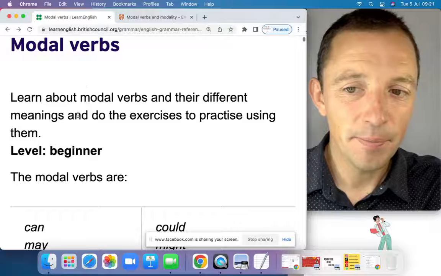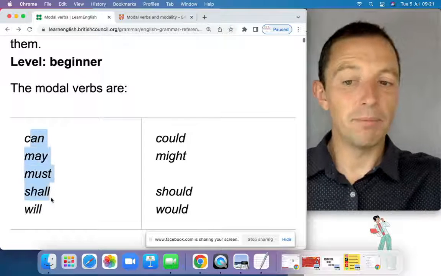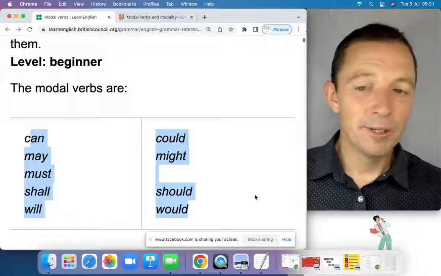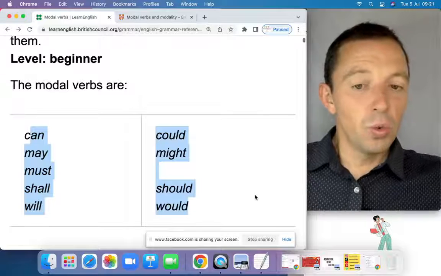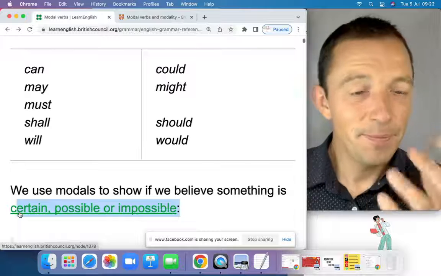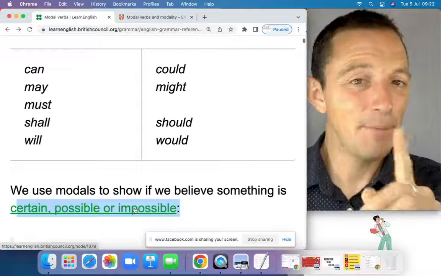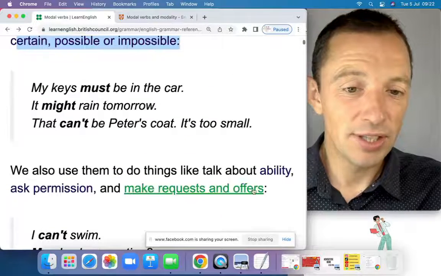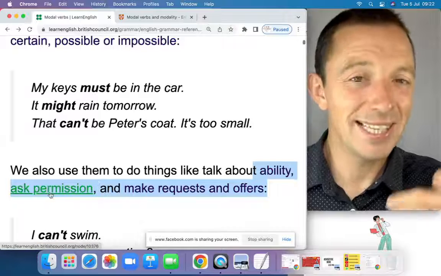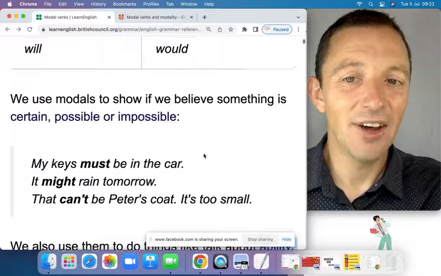Modal verbs are here. These are the modal verbs: can, may, must, shall, will, could, might, should, and would. We specifically use modal verbs for situations that are certain, situations that are possible, situations that are impossible, situations for ability, situations for asking permission, and situations for making a request, or making an offer.